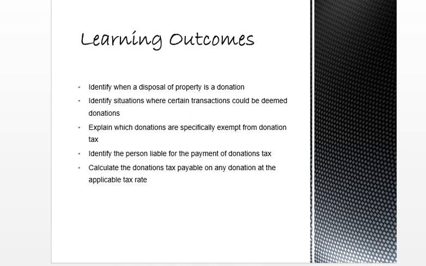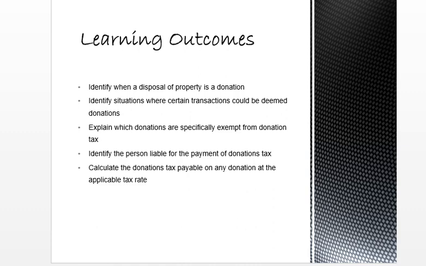So donation tax is simple. The only thing that you need to do is firstly define what is property, and then identify what of the property was donated. You want to first identify the sum of all the property donated in chronological order.